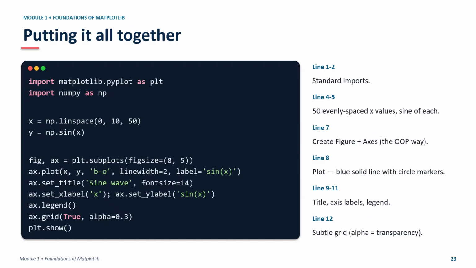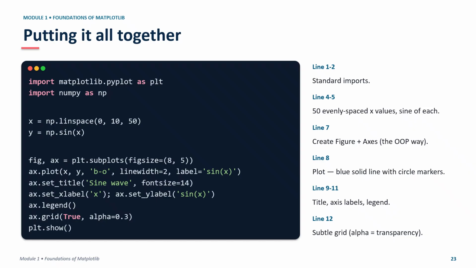So it creates 50 evenly spaced values between the start and the stop, from 0 to 10. NumPy is optimized for mathematical operations, and it works very seamlessly with Matplotlib.